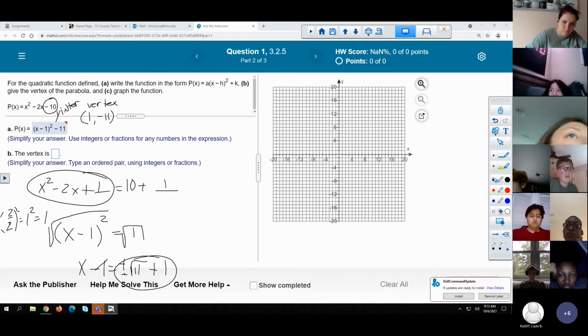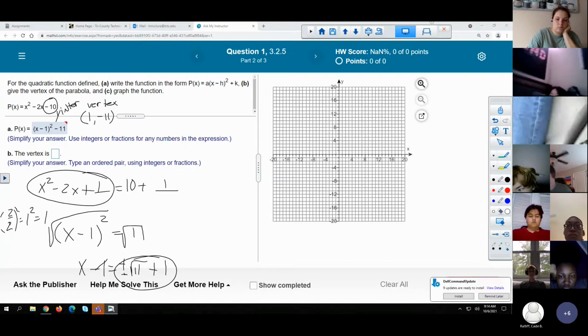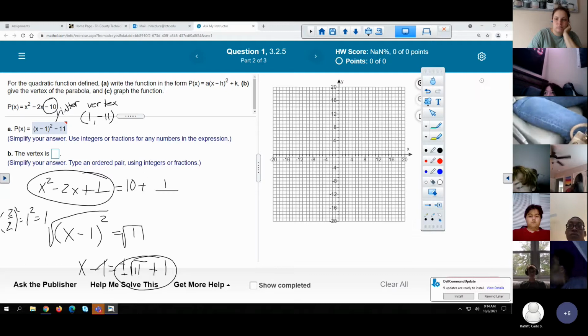So there's your x-intercepts. I'd probably go for the vertex and the y-intercept because you're not going to be able to plot the x-intercepts, because the square root of 11 is a decimal.